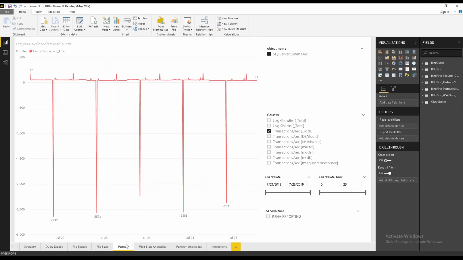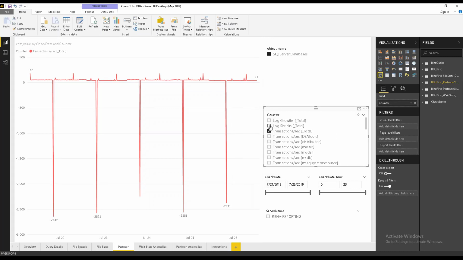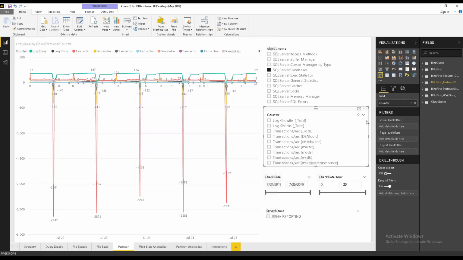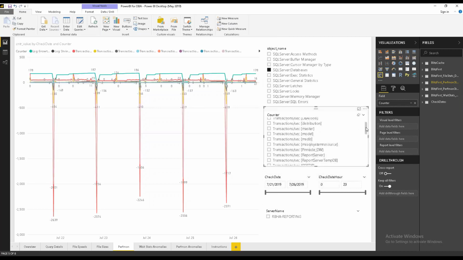You can monitor that. Again, we can look specifically at any performance monitor metric here or multiple. We can look at transactions per second total, or we can look at transactions per second from the data warehouse, for example.